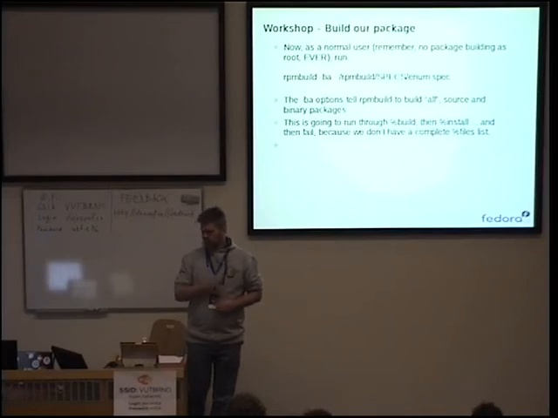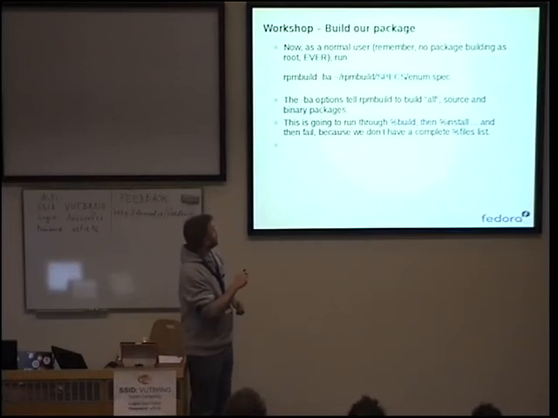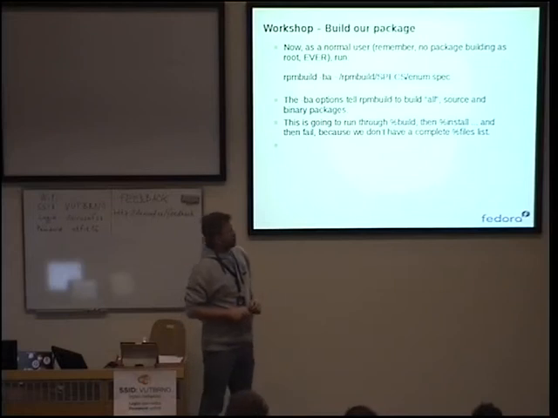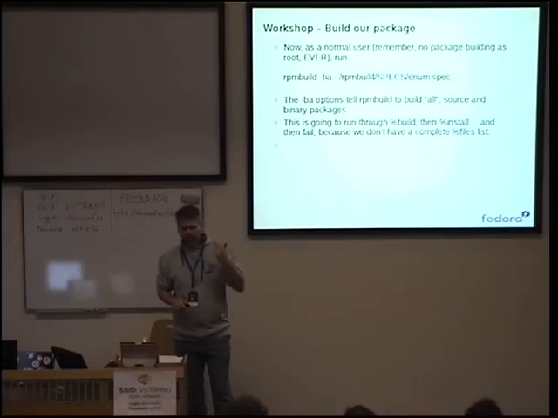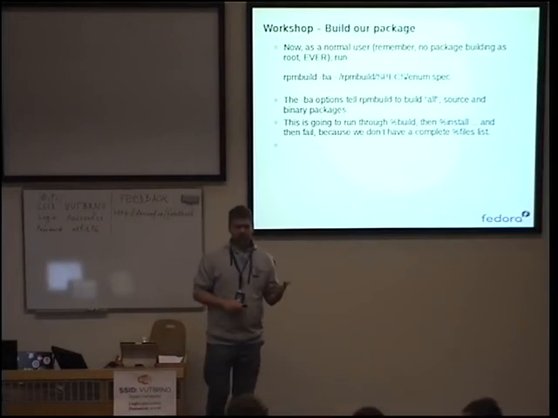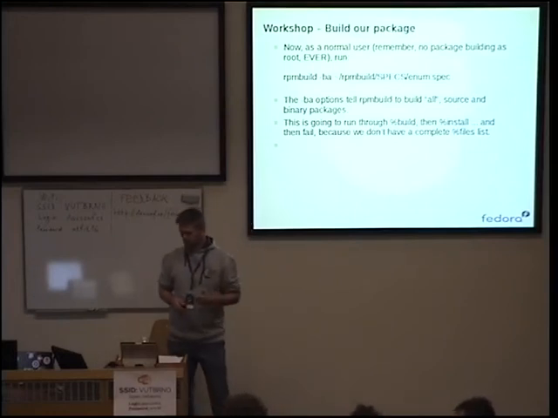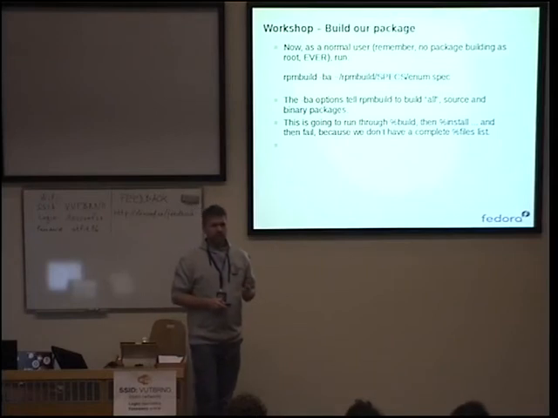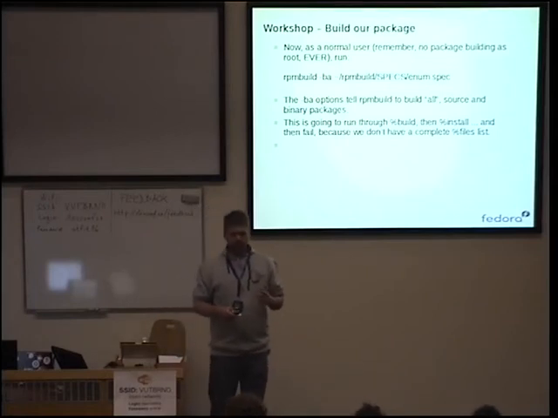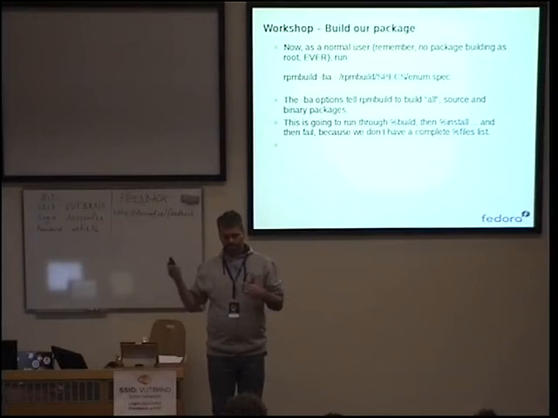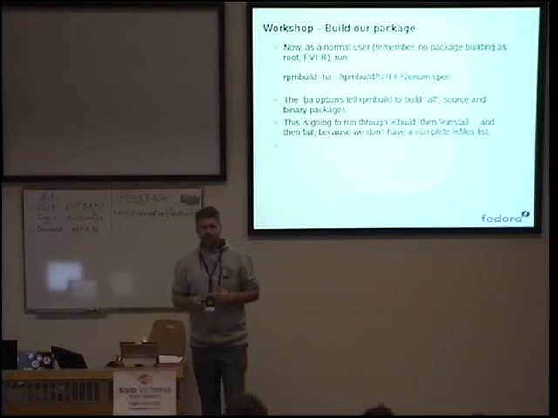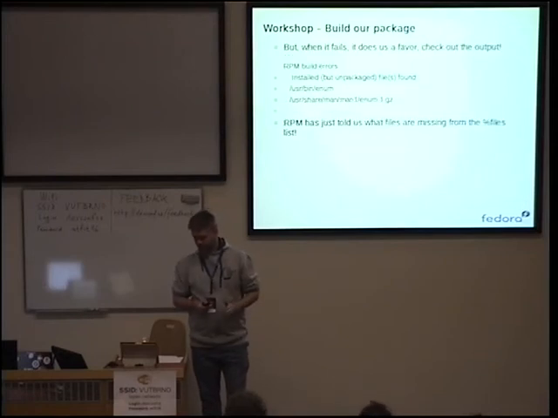Okay, so now it's time to run rpmbuild -ba. It will go through the build phase and install phase, and it will print some warnings. It prints that files /usr/bin/enum and /usr/share/man/enum are present in the build root but not installed.